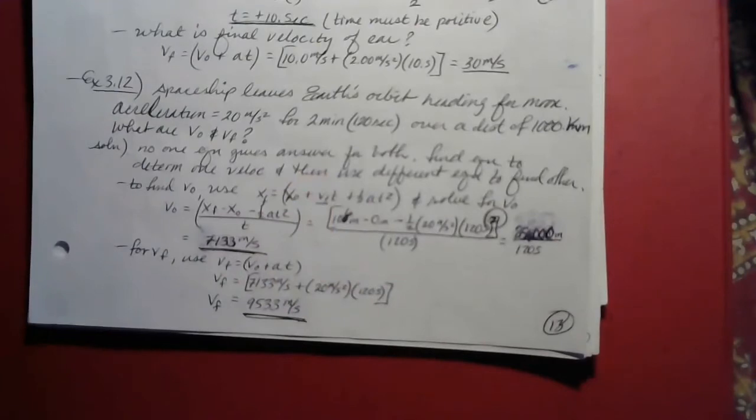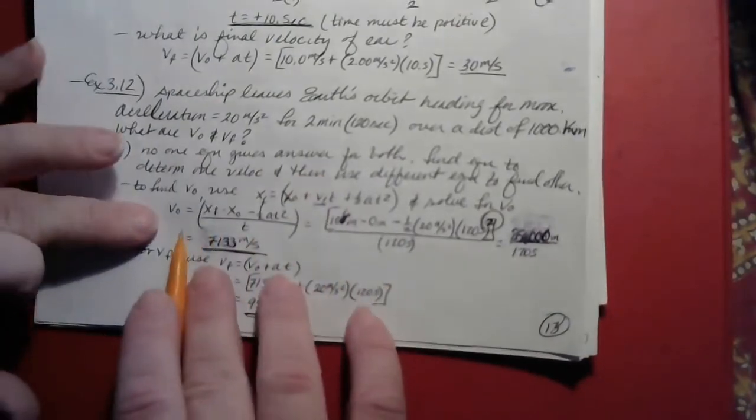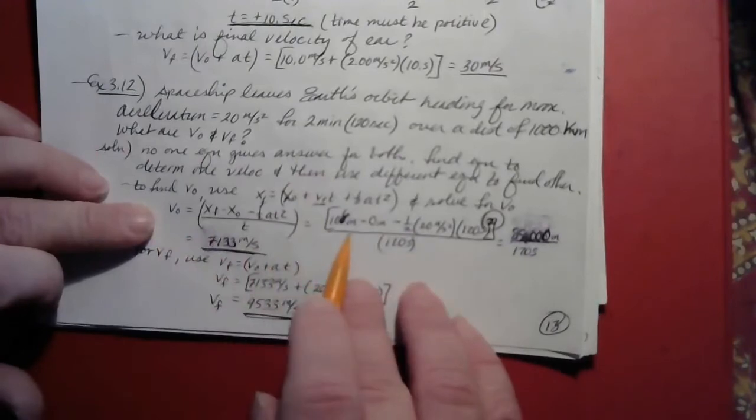They're not talking about the spaceship taking off from the launch pad, so you can't just assume that the original velocity is 0. And so that's why we have to find v original.